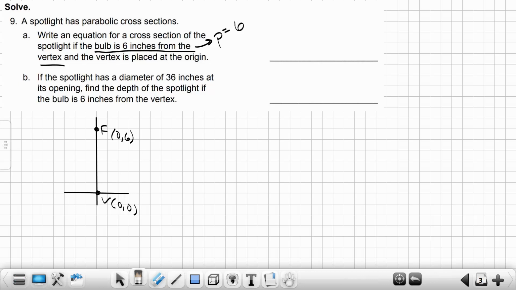So what does 1 over 4a equal? 6, because you already know the distance. So a is equal to just 1 over 24. All right, we're done. So here, y equals 1 over 24. We actually don't need the parentheses. Well, I'll put the x minus 0. You can reduce that if you'd like.